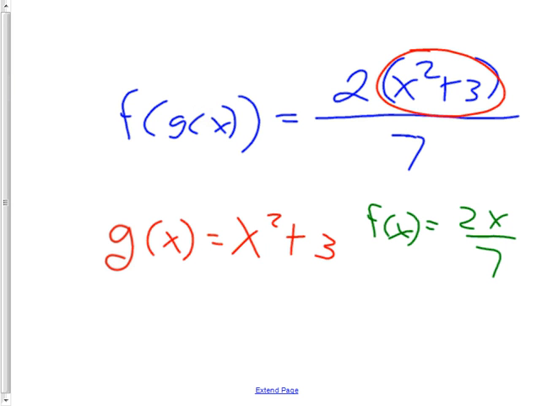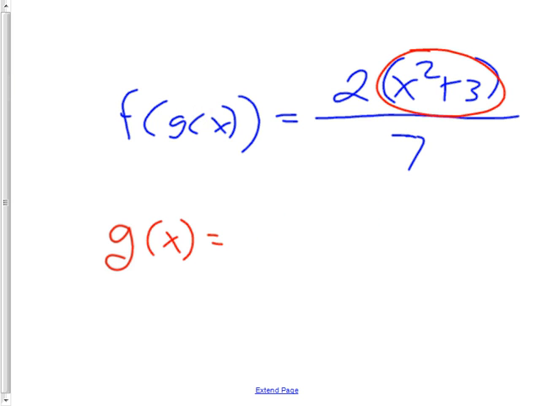Now, that is one way to answer the question. I would like all of you to find a different way I could have done that. G of x could have been something else. It has to include the x squared. There's no way to avoid that. I have to pull that x squared out, and that has to be part of g of x. But there are several other options. Try to figure one out.